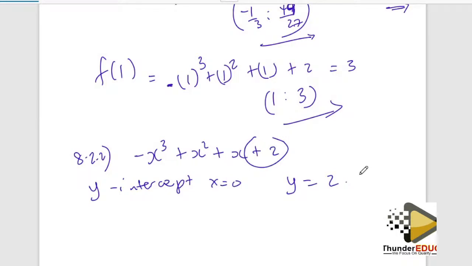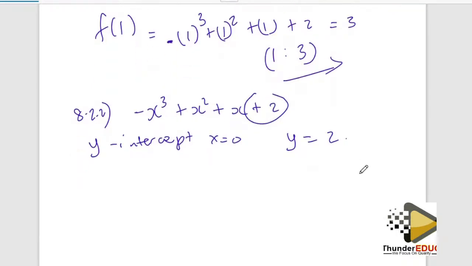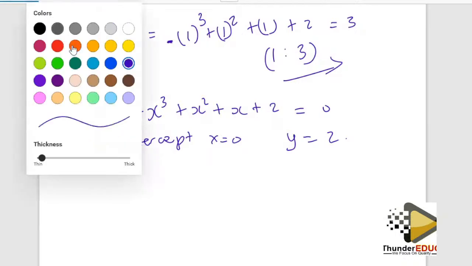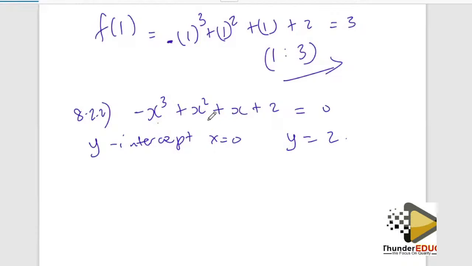Then we also need to find our solutions. Which number can we substitute in here to give us a 0? We need to look for the roots. Let's see. If I use 0, it's not going to work. If I use 1, 1 is not going to give me anything.